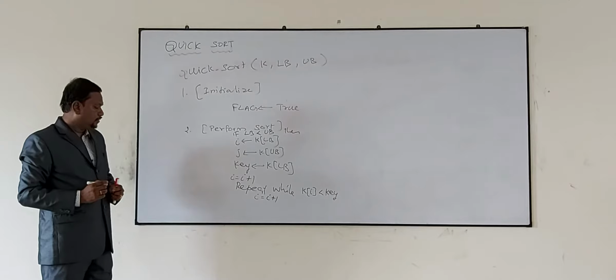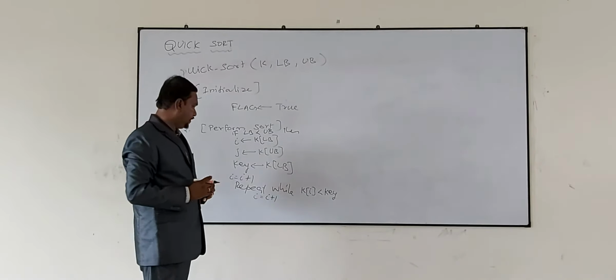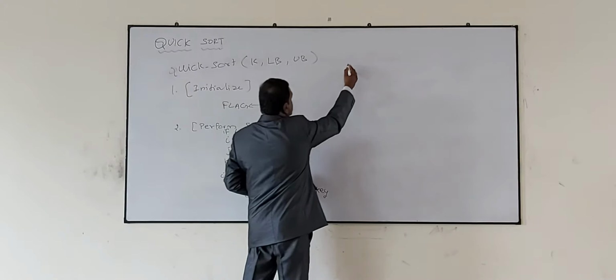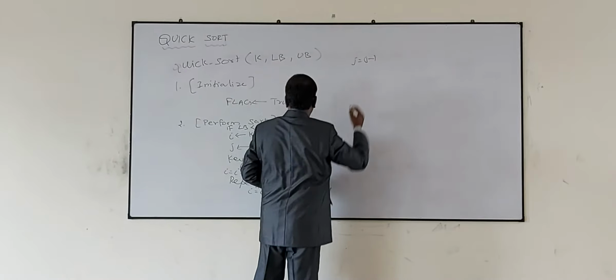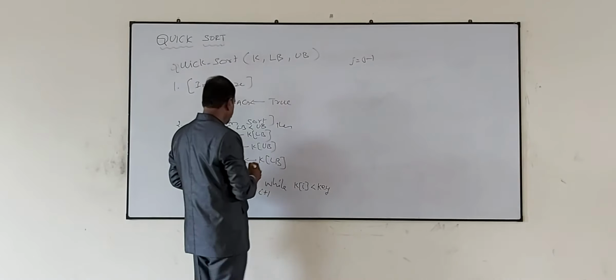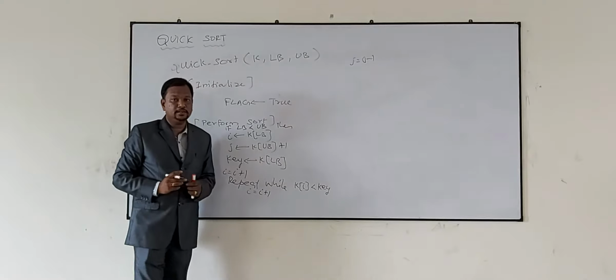Okay. So simultaneously, we will do the same process from right to left. So the j is j minus 1, here upper bound plus 1. So j equal to j minus 1.